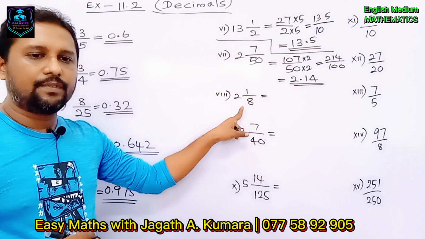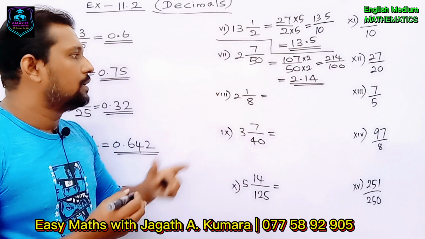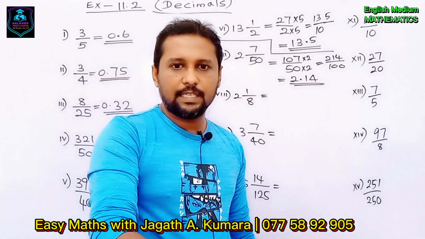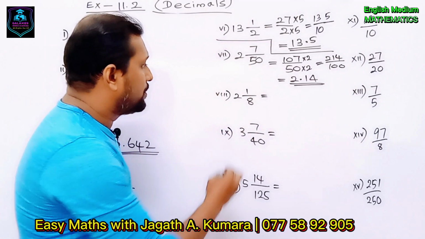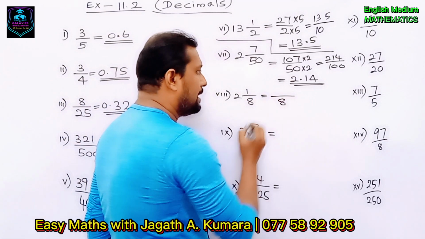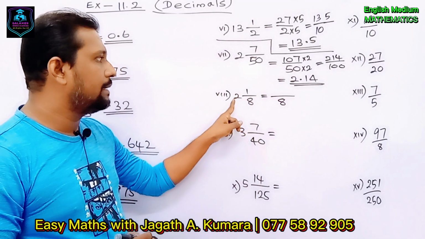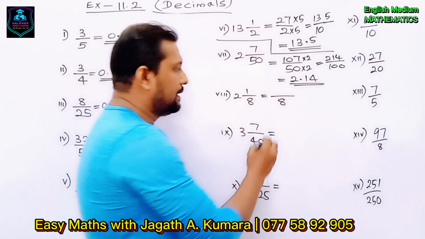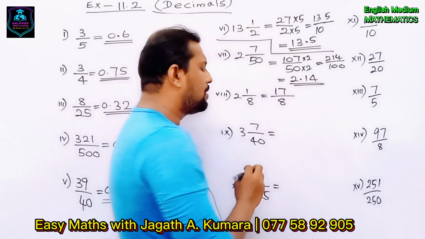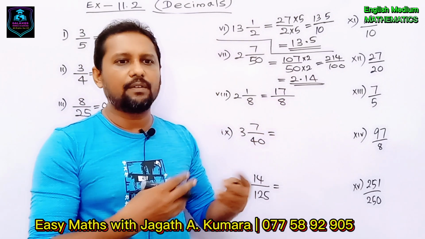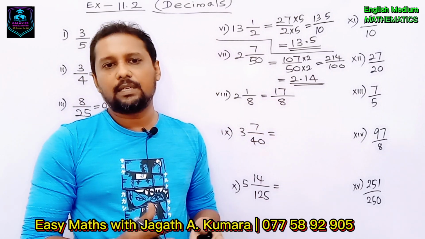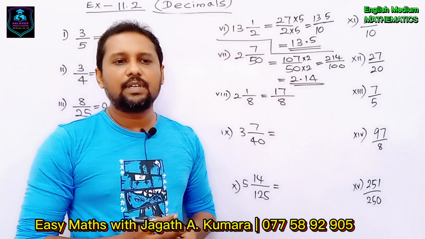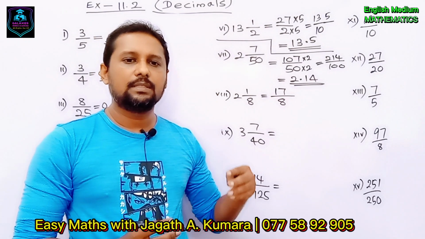First I'll convert this one into an improper fraction. It is a mixed number, no? So the denominator is 8, numerator 8 times 2, 16, 16 plus 1, 17. 17 over 8. Now you try to convert 8 into a power of 10. You can't convert it by multiplying a whole number into 10.